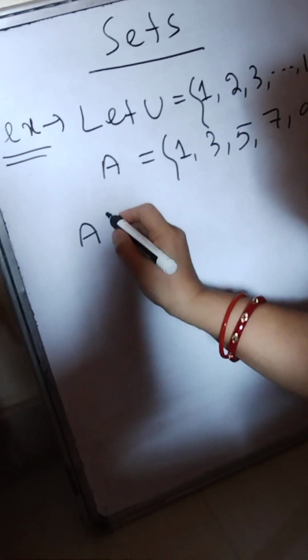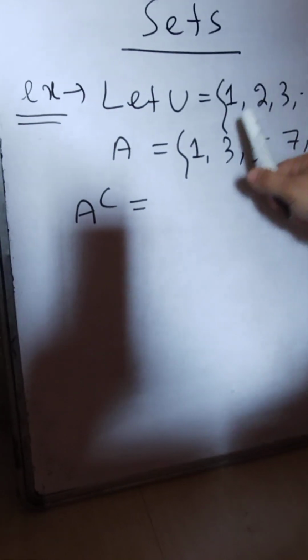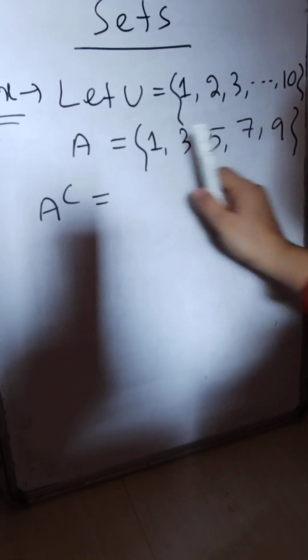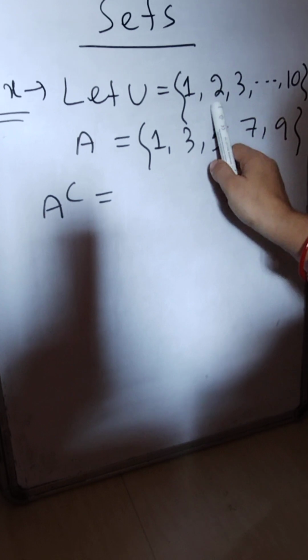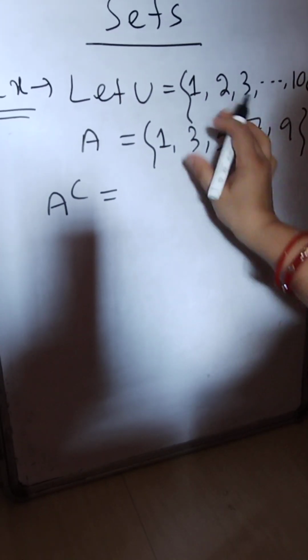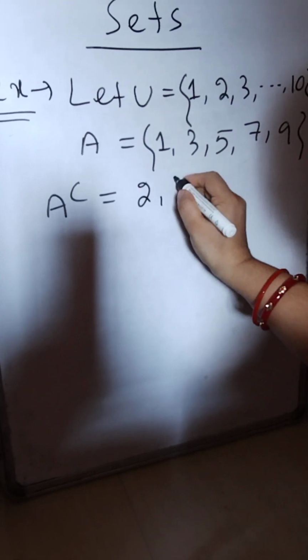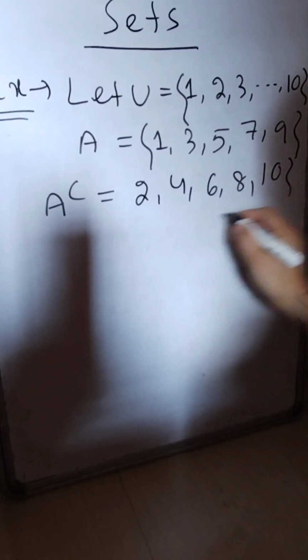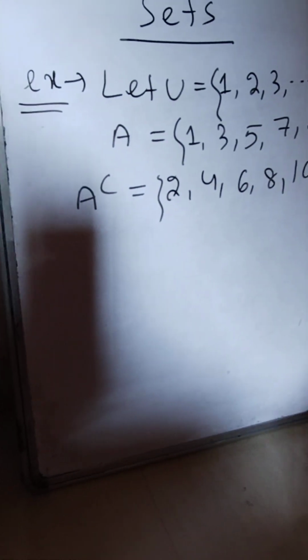So what is our A complement? A complement is those elements of U which are not present in A, meaning excluding the elements of A, rest elements of U are the A complement. So what are the elements of U which are not present in A? Those are 2, 4, 6, 8, 10. So this is our A complement.